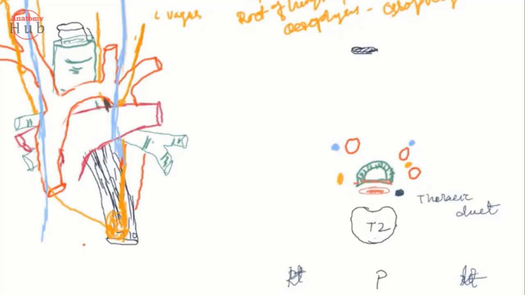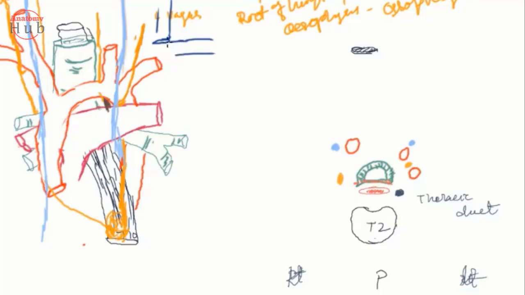Then just anterior to that you will find another structure. What is that? At this point you will find the subclavian artery and the subclavian vein, and this subclavian vein also receives blood from your internal jugular vein. So I am drawing here the internal jugular vein.